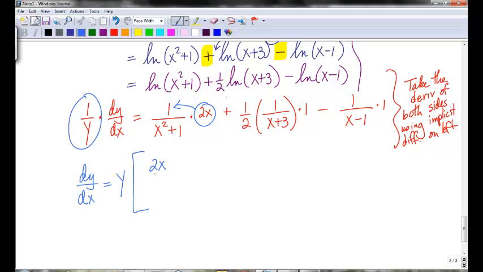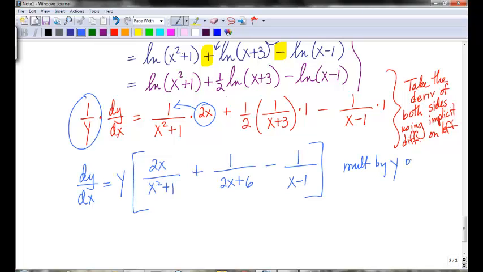So 2x over x squared plus 1 plus, it's just going to be 1 over, I can leave it in factored form, or I can multiply out that 2 if I want to say it's 2x plus 6, or 2 times the quantity x plus 3, but 1 on top, minus 1 over x minus 1. So on this one I just multiply by y on both sides.